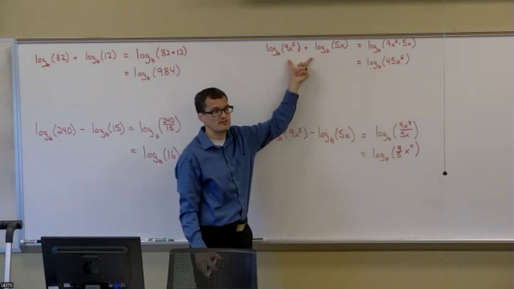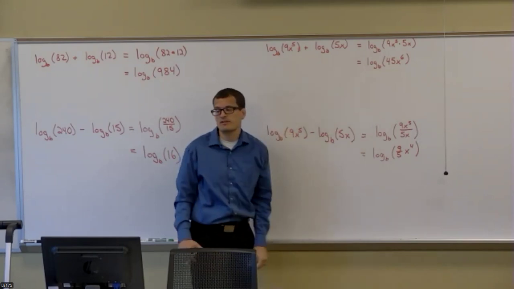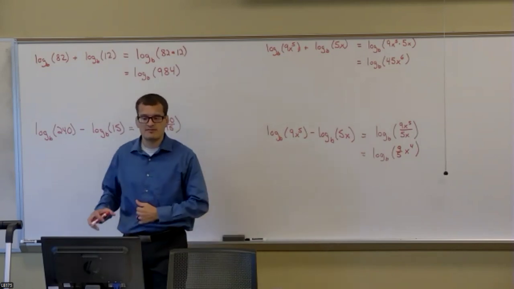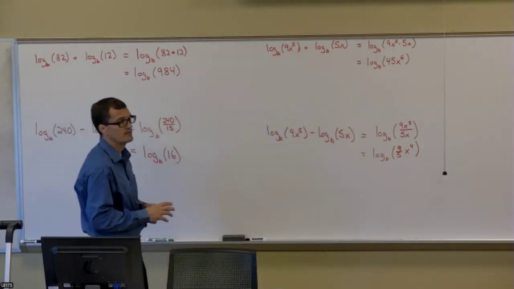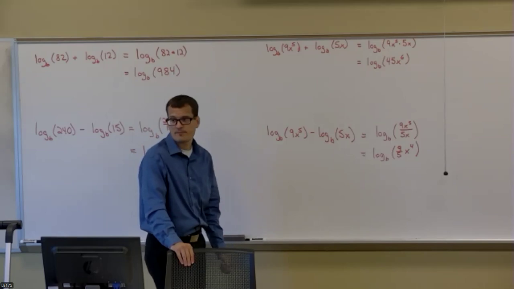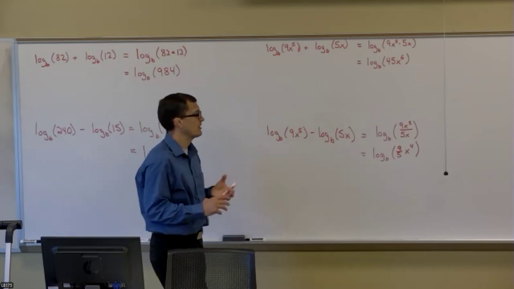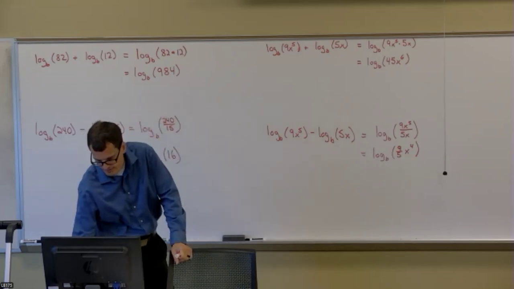Does that make sense? So that's a really nice tool to have. These identities are really nice tools to have when we solve equations with logarithms in them. So being able to combine two logarithms into one is a very nice tool to have.